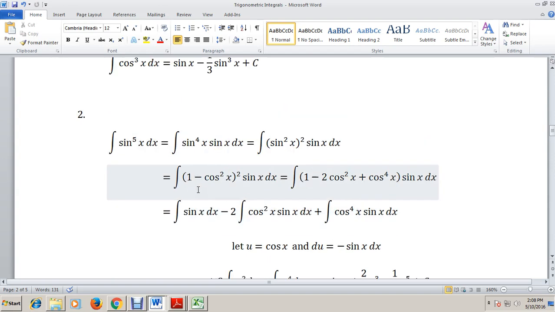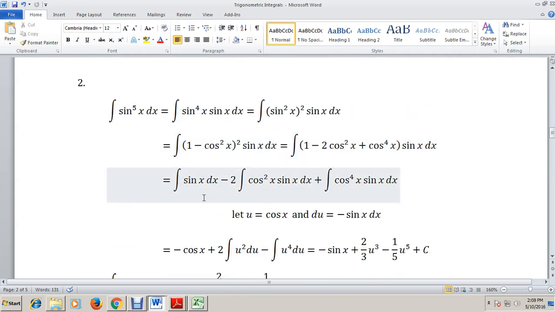As illustrated in example number 1, the next step is to let u equal the base function, cosine, so let u equal cosine x, realizing that du is equal to negative sine x dx. Replacing cosine squared x with u squared, and sine x dx is equal to negative du.